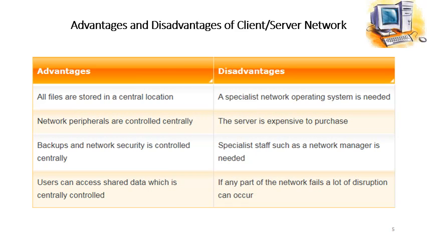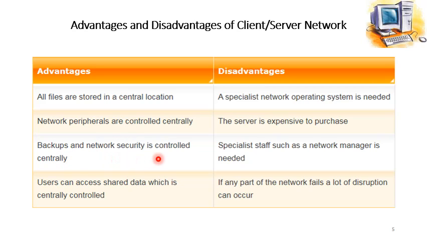Some of the advantages and disadvantages of client server network. Advantages are that all files are stored in a central location, so you can search them easily or retrieve them easily. There is a uniform or single address to the resources, in other words. Network peripherals are controlled centrally, so it also enhances the control of the resources or control of the network devices if you have a server installed in your network.